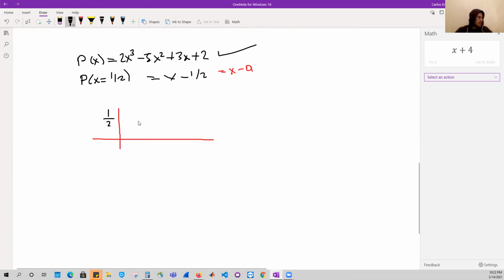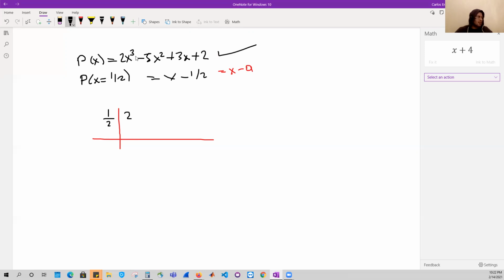Then we need to put in here the value of a, and afterwards the coefficients that are directly attached to the variables of our polynomial. So for 2x cubed, we're going to put a 2.